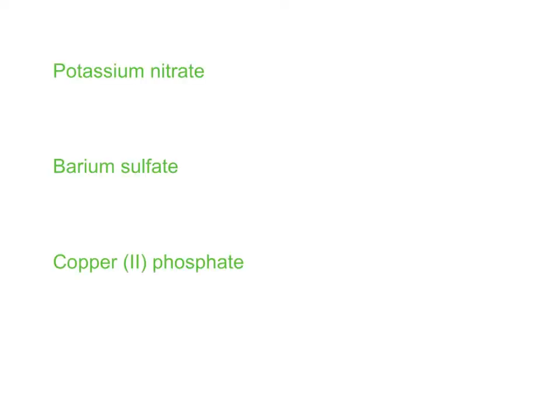Alright, so let's practice. If I have a compound like potassium nitrate, the first thing I'm going to do is look up potassium, and we know that potassium is K. What's important is we still need to worry about oxidation states. Potassium we know is a 1+. Now this ends in ATE, which means I have to look on my polyatomic ion chart.